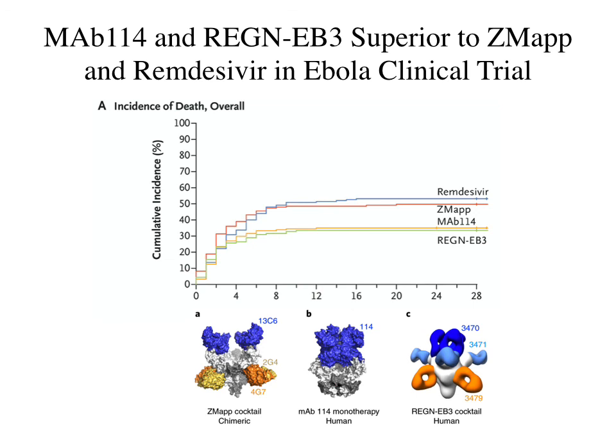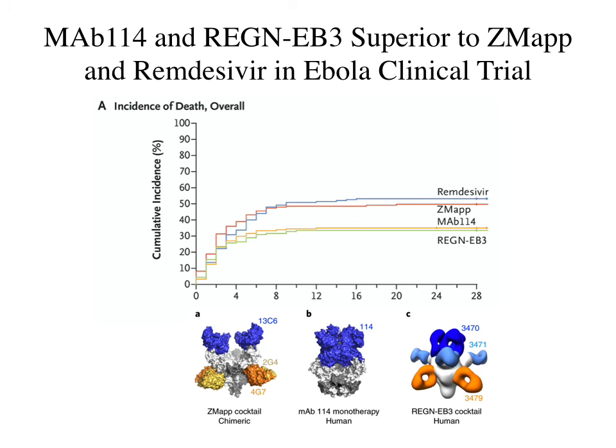A study was done during the outbreak in the DRC of 2 new monoclonal antibody drugs, MAB114, which was produced from a single human monoclonal antibody derived from an Ebola survivor, and the REGN-EB3, which is a co-formulated mixture of 3 human IgG1 monoclonal antibodies.